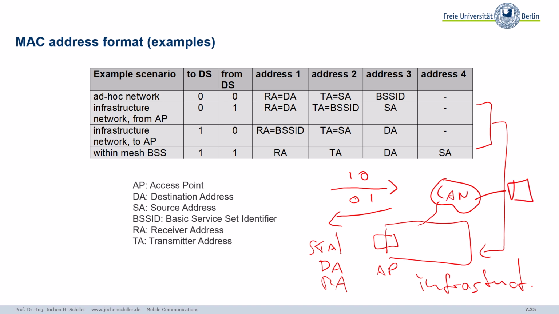That's the MAC address. If you remember from the fixed networks, MAC addresses address the sender and the receiver of a data packet. But now this suddenly can be different from the physical receiver of the data. If it goes to the infrastructure, then our receiver address, the technical receiver, is the access point.